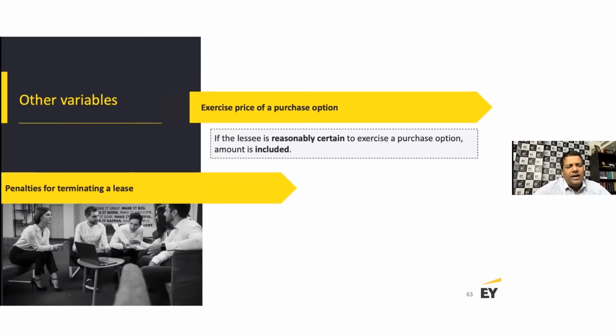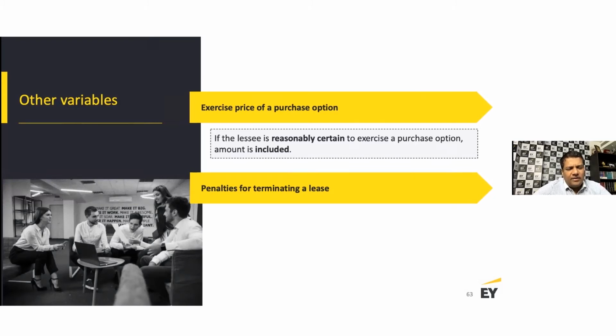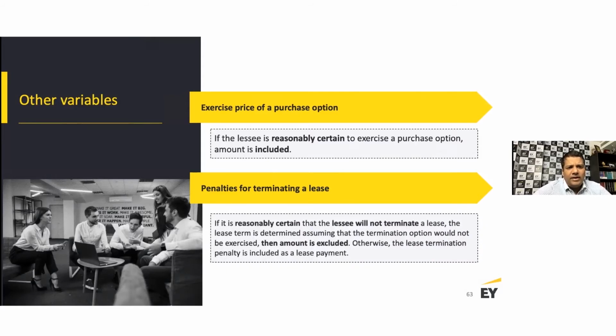Now, if there are penalties for terminating a lease, and I consider a lease term which is shorter, then I'm going to include that. Otherwise, if it is reasonably certain that the lessee will not terminate a lease, the lease term is determined assuming the termination option would not be exercised. The amount is excluded.